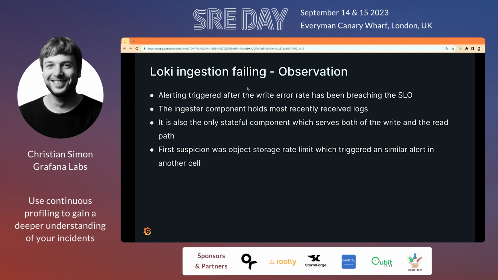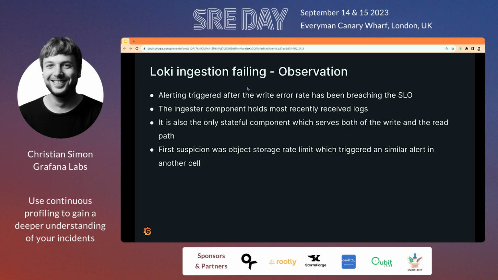Usually our databases have a fairly separated write and read path to make sure we don't lose data if someone queries too much. But the problem is the recently received data, which is queried the most, is also required for the read path. We call the component the ingester, and the ingester holds both. So it's important for the write path, important for the read path.